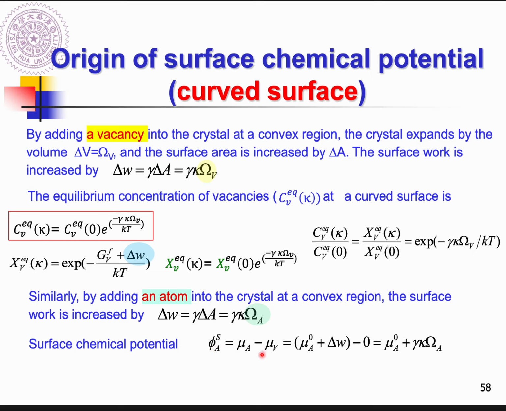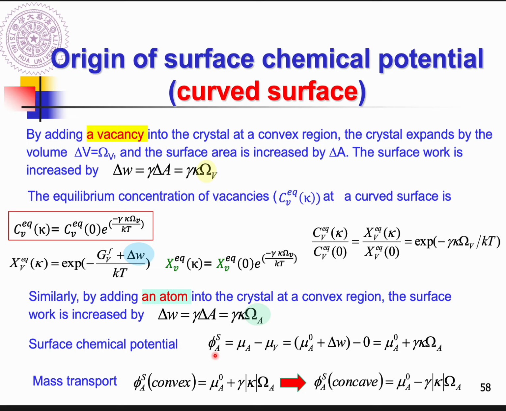So the potential will be mu A minus mu V. And we assume mu V equals 0, and for mu A here, we need to use mu A0 plus the extra term. So you got mu A0 plus gamma kappa omega A. So this is the surface chemical potential of atom A on the curved surface.